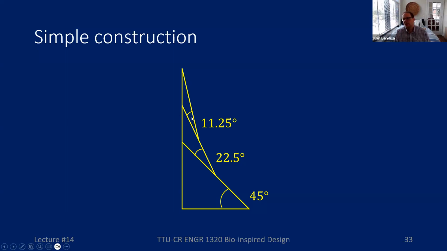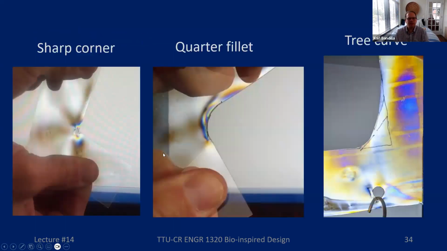So this is the tree curve, and it turns out this tree curve is very good at distributing stress. This is a little home project that you can do if you want. This is the type of plastic that goes around food containers and those kinds of things. If you cut a very sharp corner, then you can see there's a lot of stresses here.